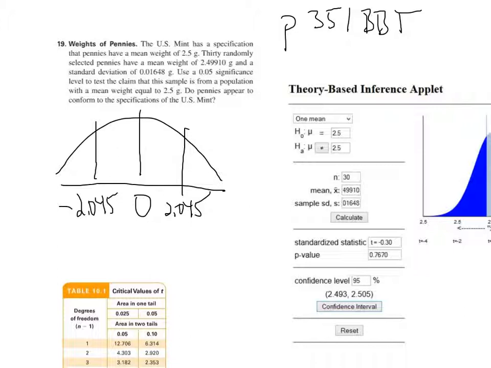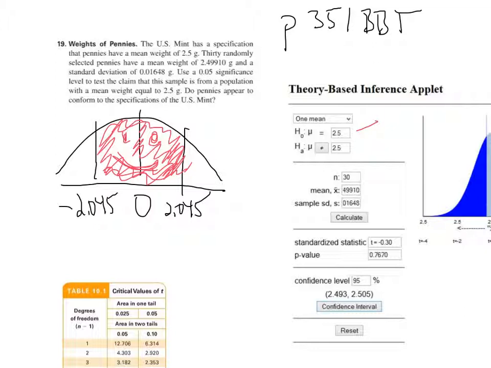Now any place in between those numbers is the happy place for H0. That says that we can't reject H0. Any time we get a sample with an average in that range, it's just due to random sampling error, and we can't say that the average is not equal to 2.5.